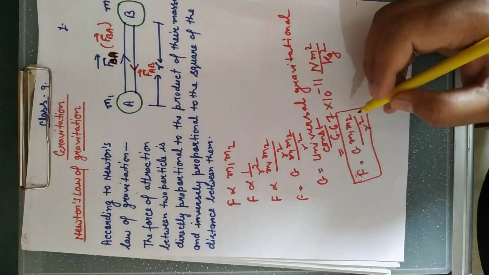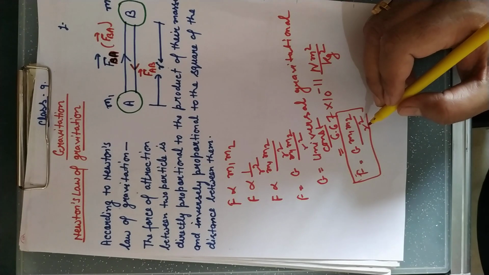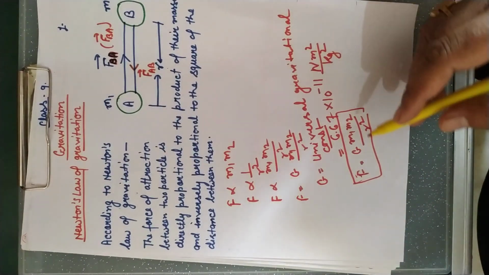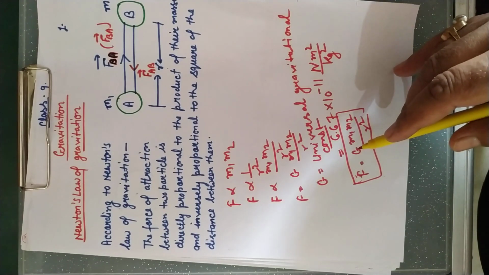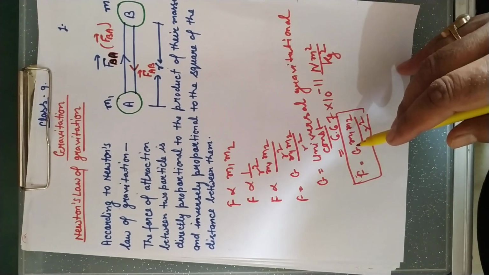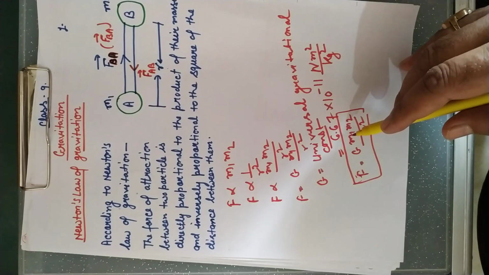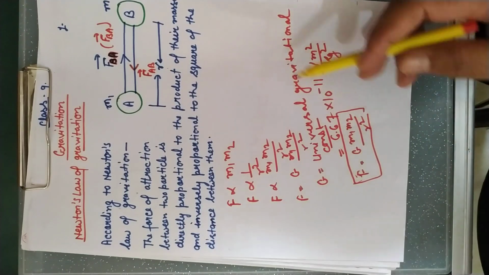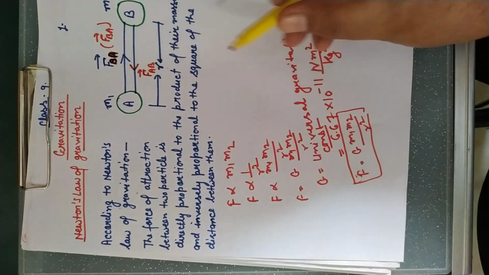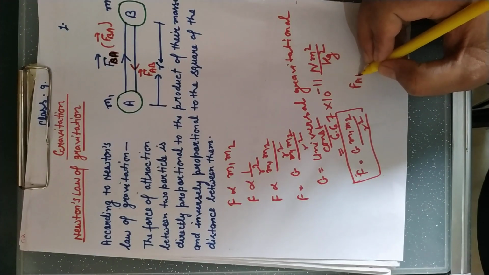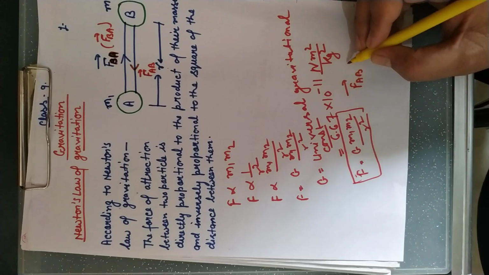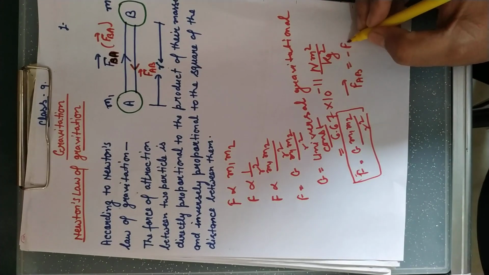The gravitational force follows the inverse square law, because F is inversely proportional to r square. The forces between the two bodies are equal in magnitude but opposite in direction. According to the given relation, we can write vector FAB equals minus FBA.